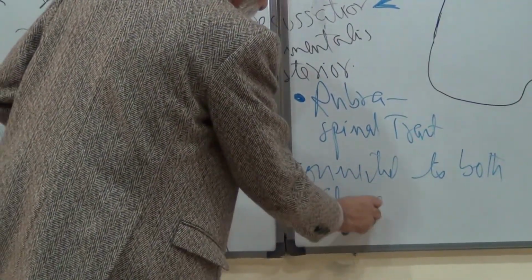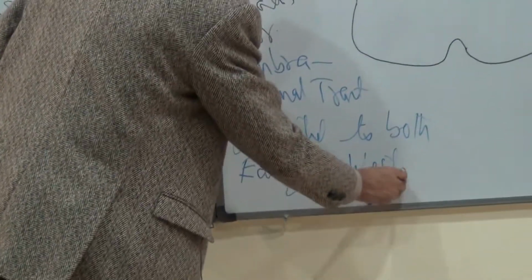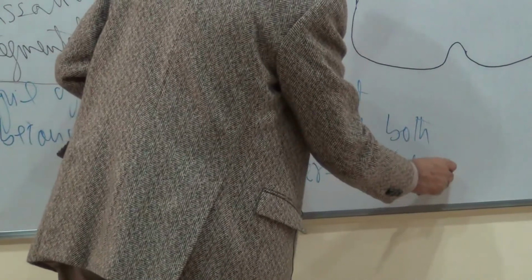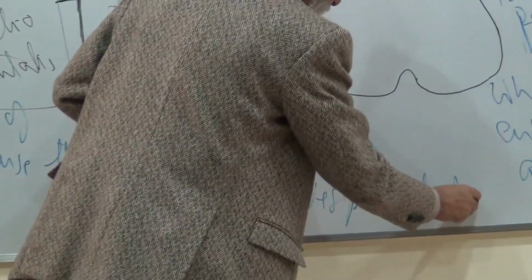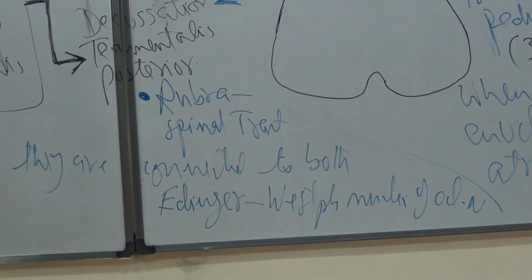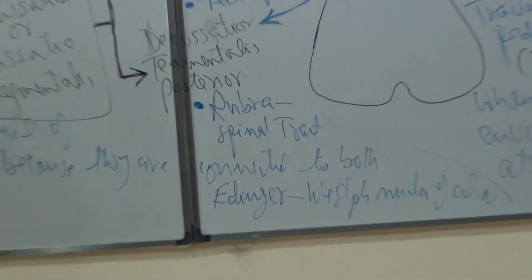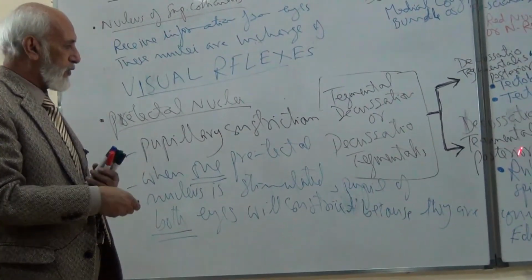The Edinger-Westphal nucleus is the parasympathetic nucleus of the oculomotor nerve.